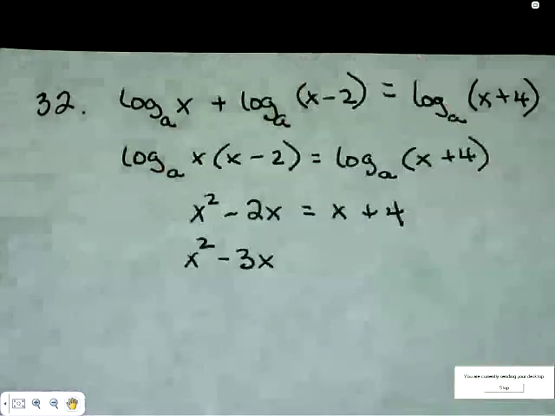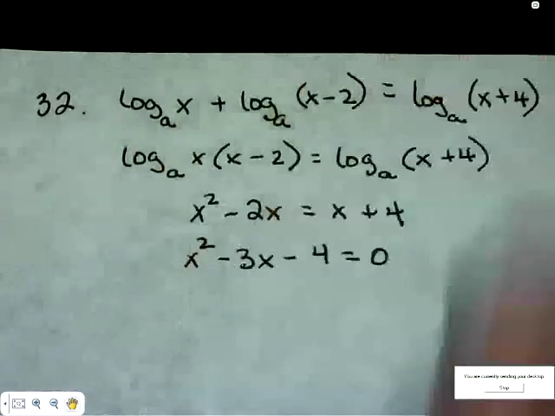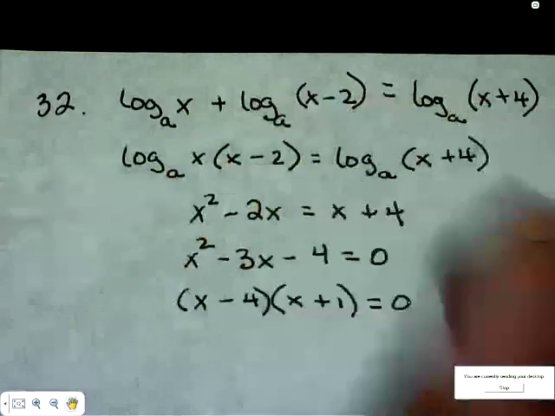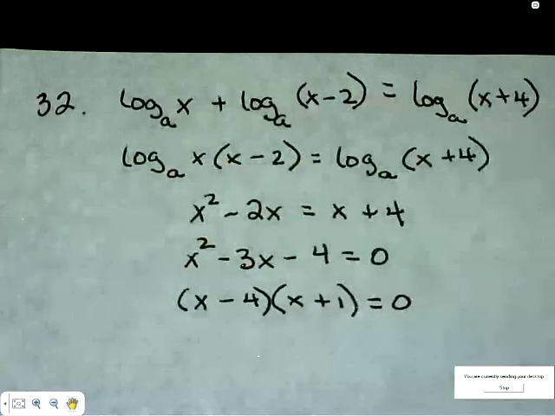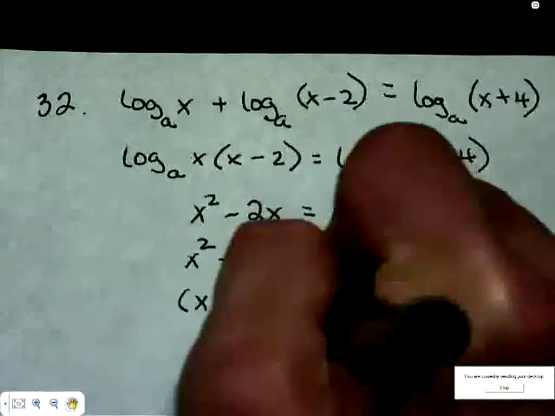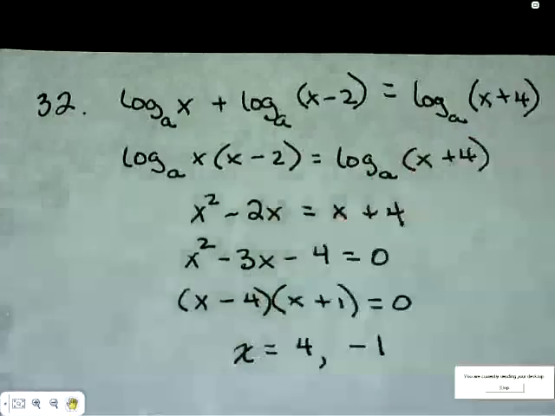So I am going to subtract x from both sides and subtract 4 from both sides. And then that will factor. And when I set each factor equal to 0, I get the two possible solutions, positive 4 and negative 1.